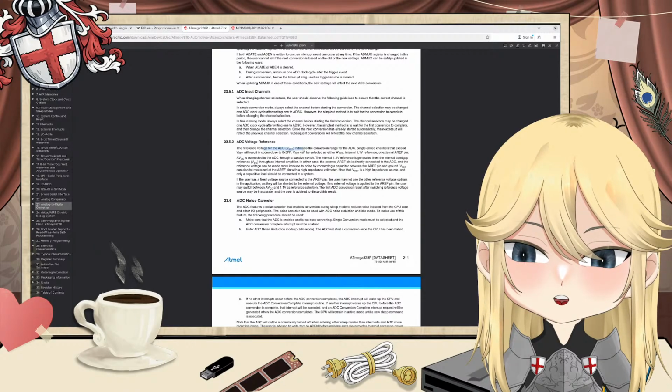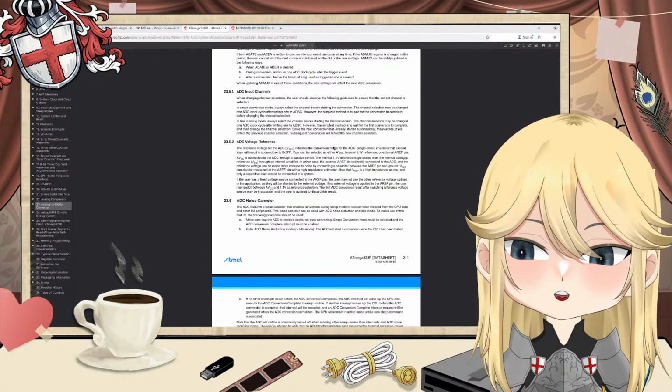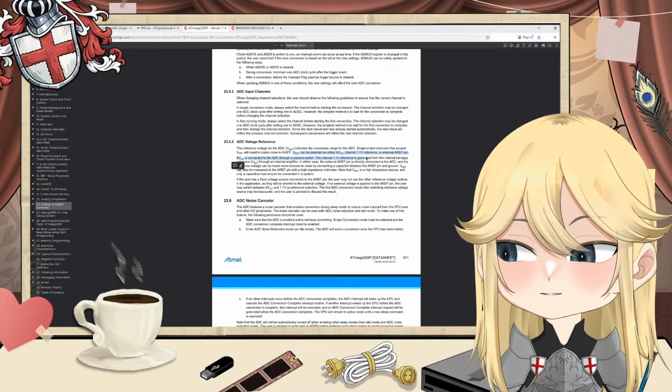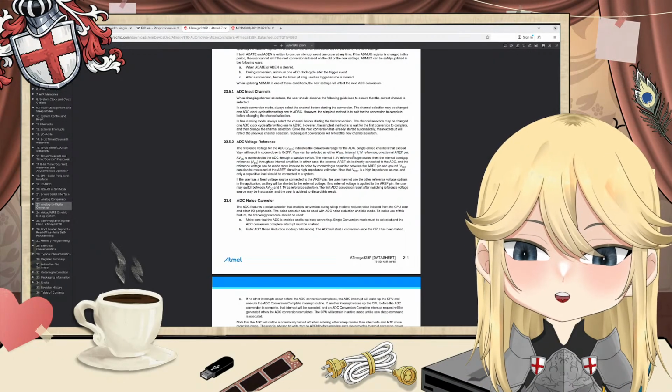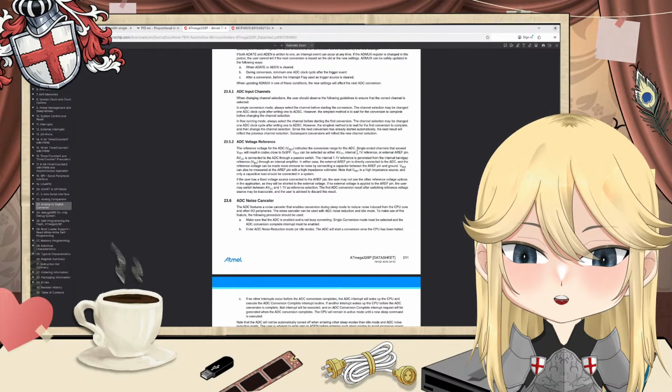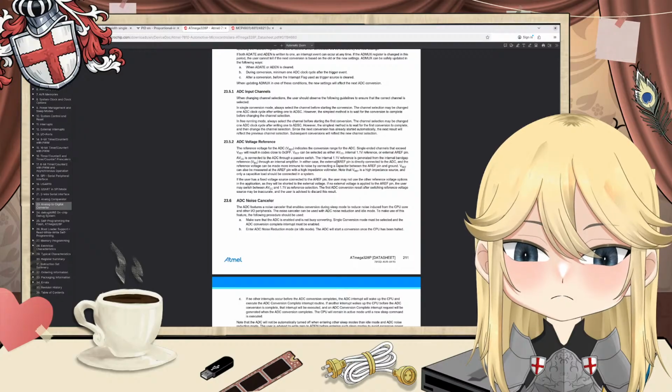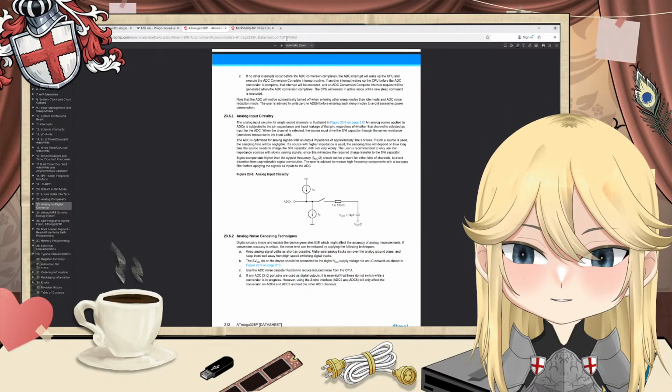Voltage reference for the ADC. Vref indicates the conversion range for the ADC. It can be selected as either AVCC... Oh, this is a 12-bit converter, interesting. Channel 1.1 reference. Can I not do this against ground? Hold on.